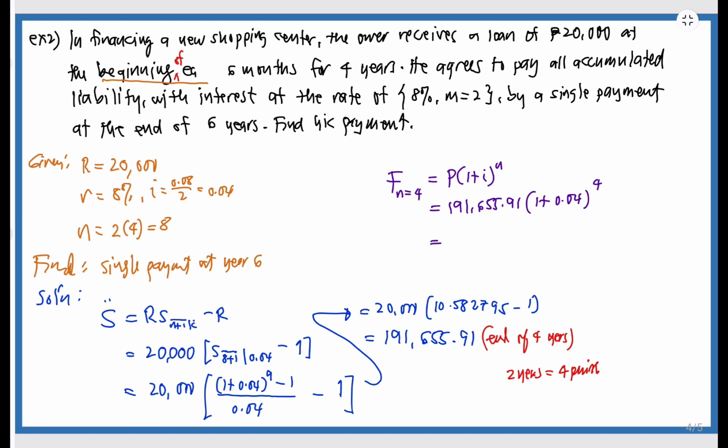This is equal to 224,210.30. So this is the total liability, which he will pay after 6 years.